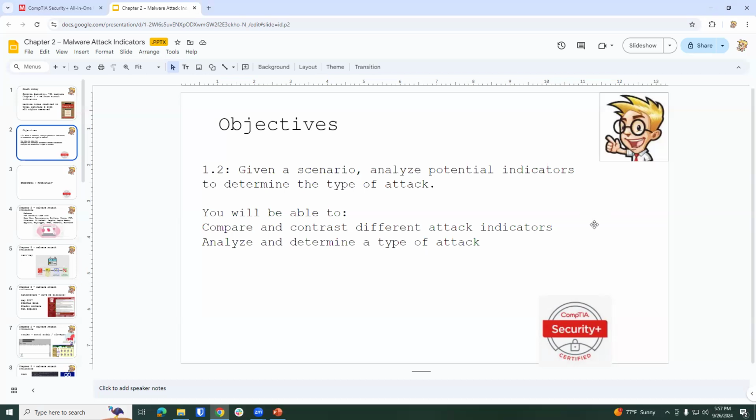You'll need to analyze and determine what the type of attack is. So there's going to be questions on your exam, like your performance-based question, where you'll need to analyze attacks and what kind of malware was used, or maybe you'll have some clues or evidence or command or something like that, or maybe even some event logs.